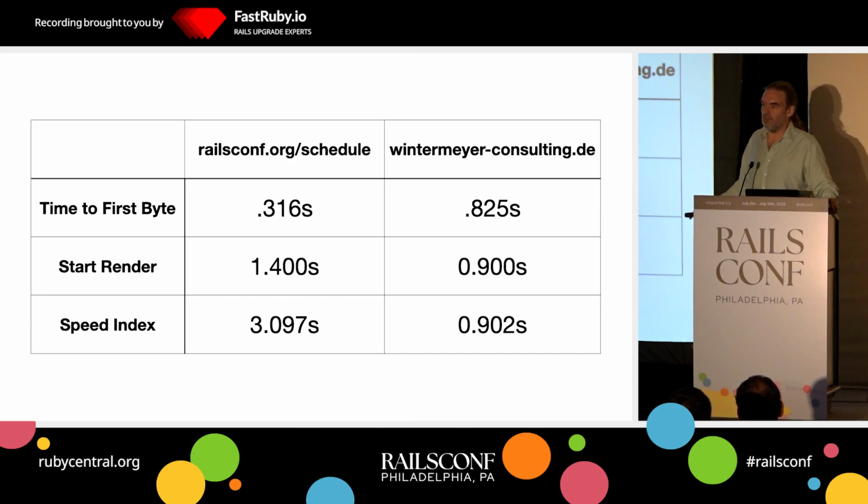But still, because everything else is fast, I get the web page below 1 second. And that's the gold standard. These numbers, by the way, are via LTE network, so that's kind of on your mobile phone. It'll be a little bit faster on fiber, but that's a good comparison.